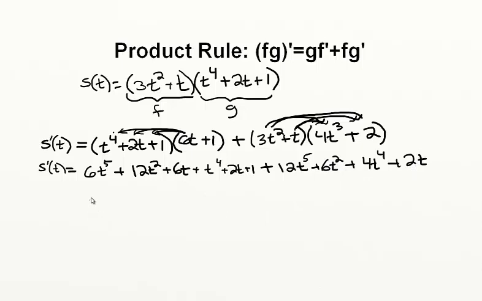Now we can combine our like terms. So we're first going to look for these powers of t to the 5th. So we have 2 of them. We can just combine those 2 together. So we'll get our s prime of t is going to be 18t to the 5th. Now we're done with those two, so I'm going to cross them out so we don't get confused. Now we're going to look at our t to the 4th.